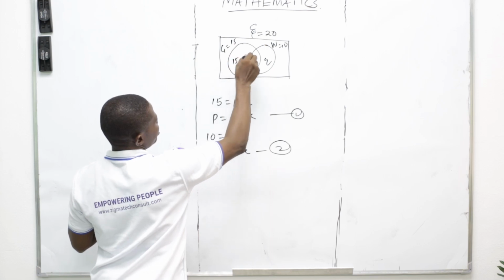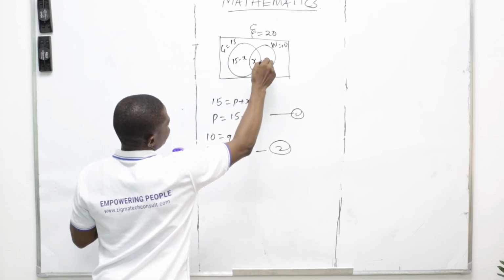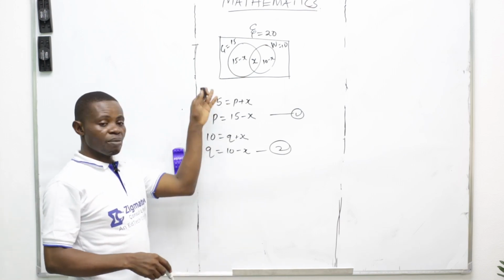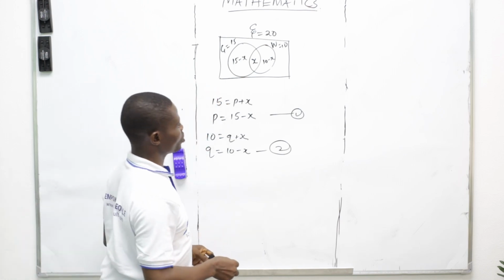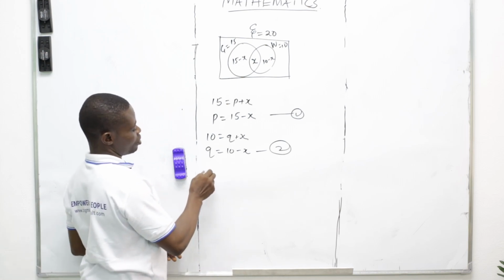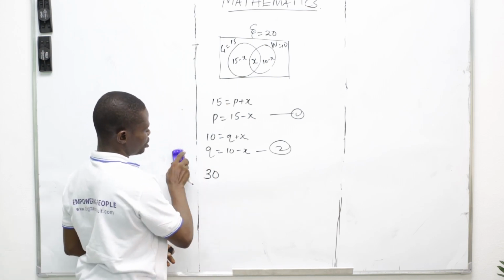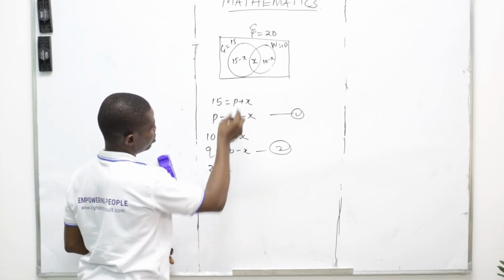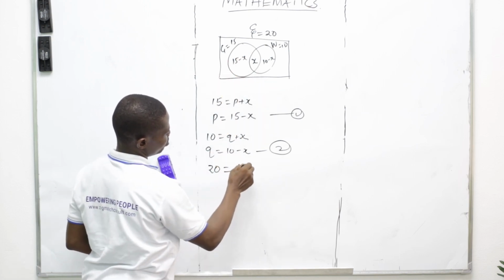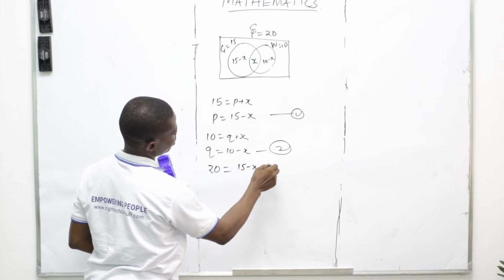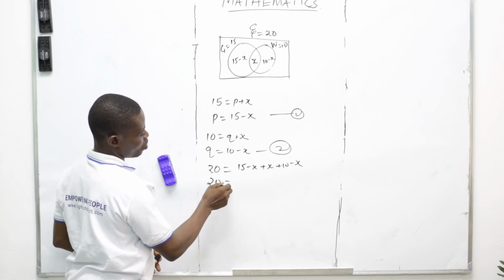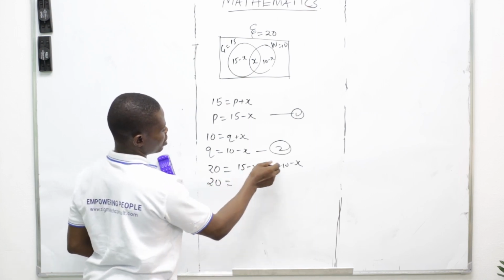15 minus S. What are you seeing here now? 10 minus S. Okay. I am interested in knowing the value of S. So I will now say universal set 20. The universal set 20 equals the total set we have here, 15 minus S plus 10 minus S. 20 now equals this; this against this cancel.